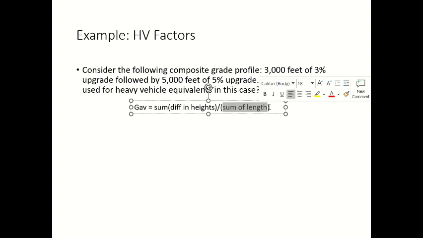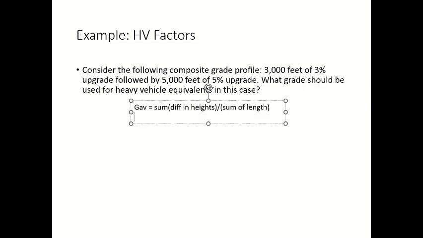Okay. For example, the first gradient 3%, right? And the length is 3000 feet. So what will be the difference in height for this gradient? The gradient times length will give you the difference in height, right? Okay. Same for the other one.